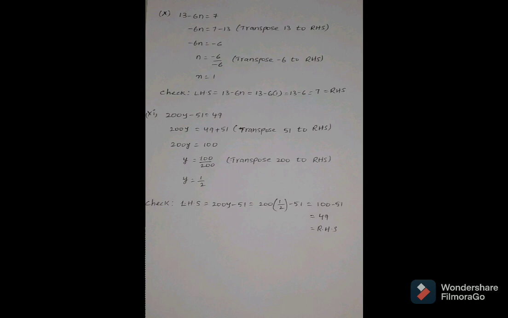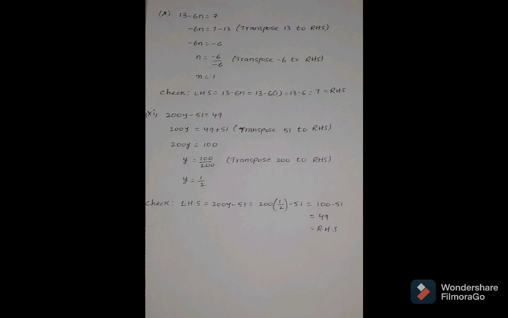So minus 6 is transposed to RHS, divided by minus 6. So n is equal to minus 6 divided by minus 6. Therefore n is equal to 1.